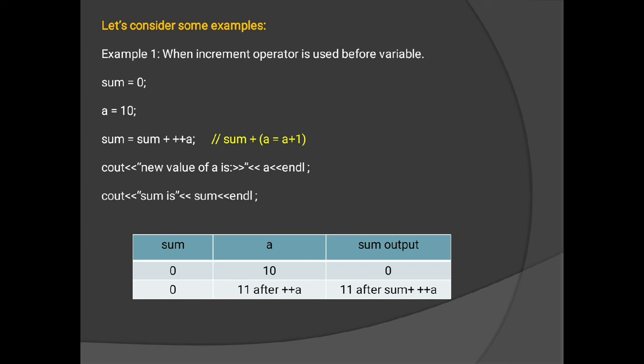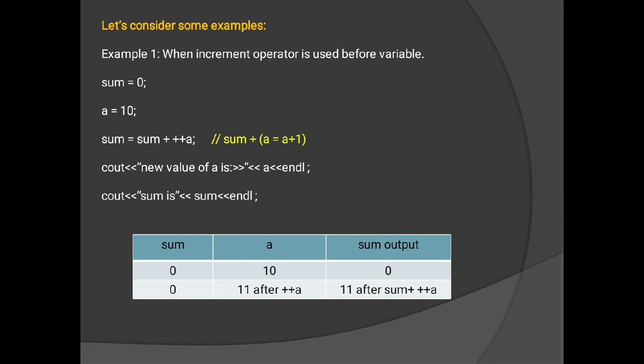So in the table below, you can see that initially sum is 0, right? a is also 0. So when you execute the sum output, sum will be 0, 0 plus 0.